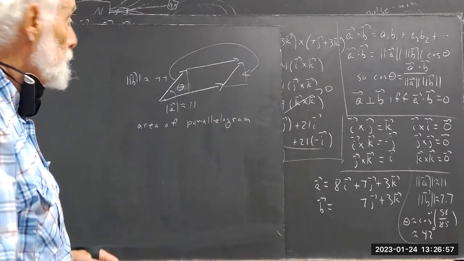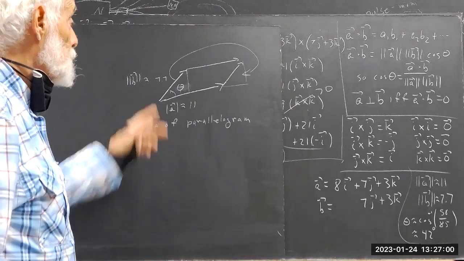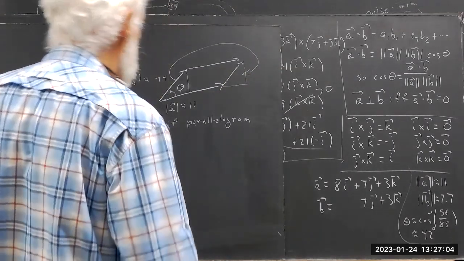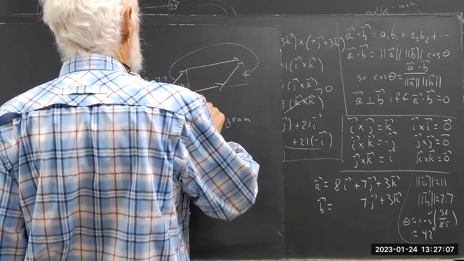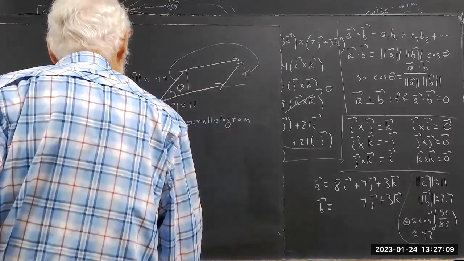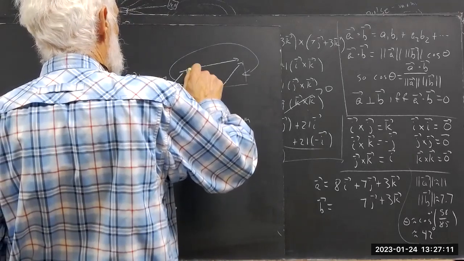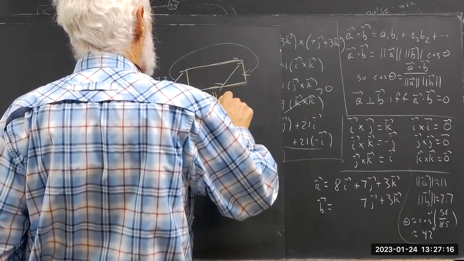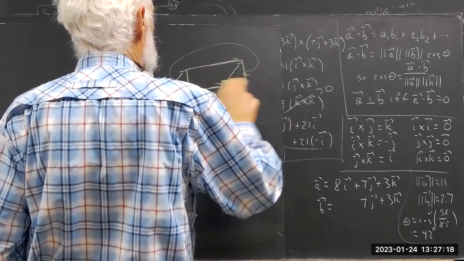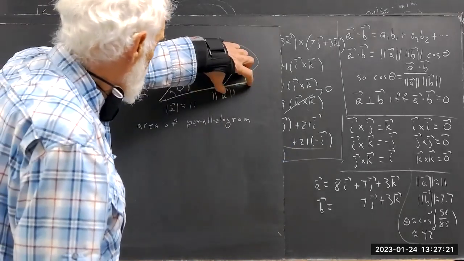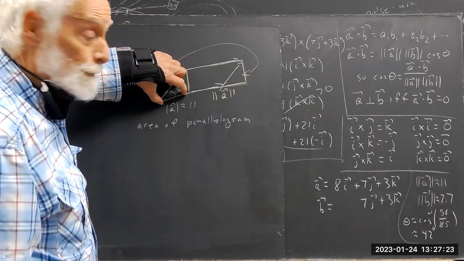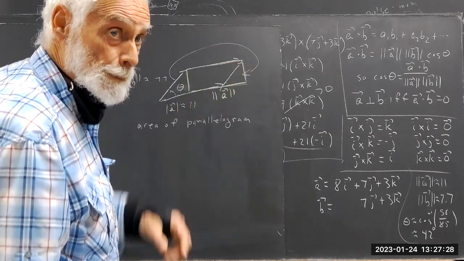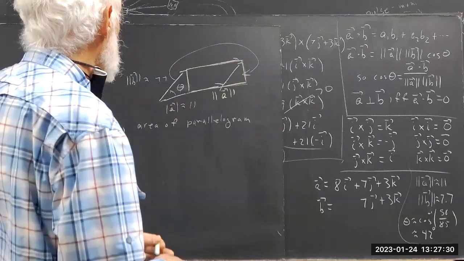And now it's a rectangle. And the dimensions of the rectangle are what? Well, the dimensions of this rectangle are the magnitude of A, because what I added on here is just what I chopped off here. So the length of this vector is the same as the length of the vector from here to here. Now, what's this side?